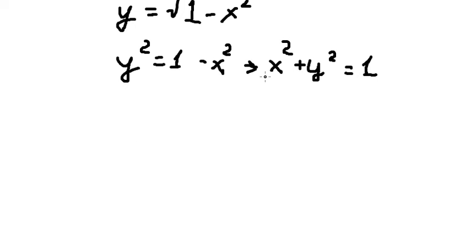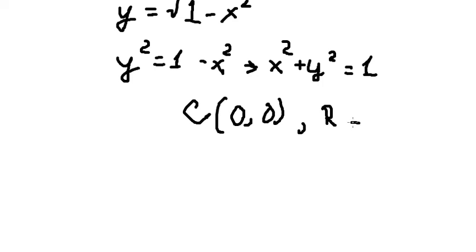So we know that this is a circle with center 0, 0 and the radius is the square root of 1, which is 1.